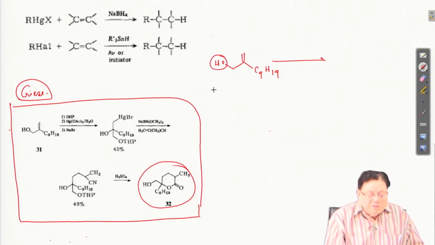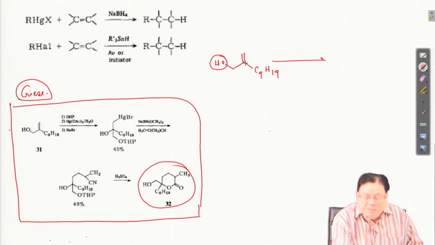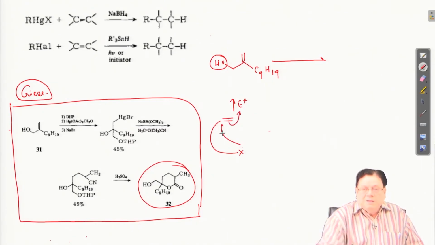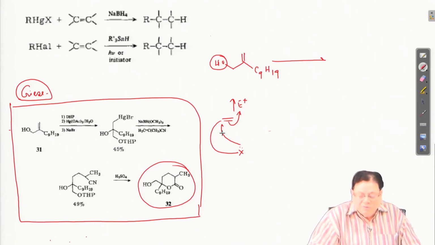Because if you do not protect the hydroxy, what will happen? If you have a double bond and a nucleophile somewhere, and you want to add an electrophile here, then the X participates, forms a ring, and like an exo trig fashion, the electrophile is added.